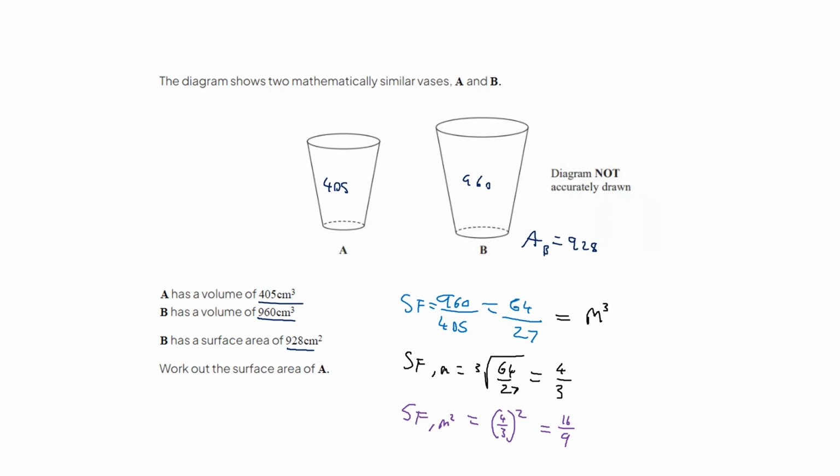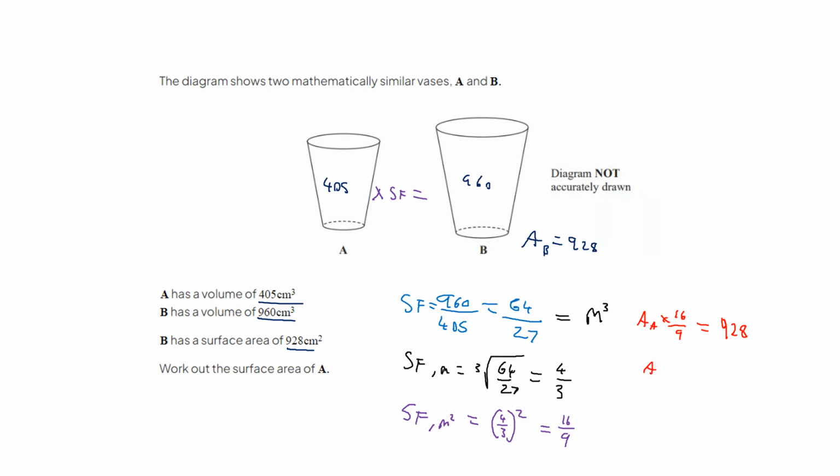So we know that this times the scale factor is equal to this. And so therefore, if I write this on the side here, area A times 16 over 9 is equal to 928.